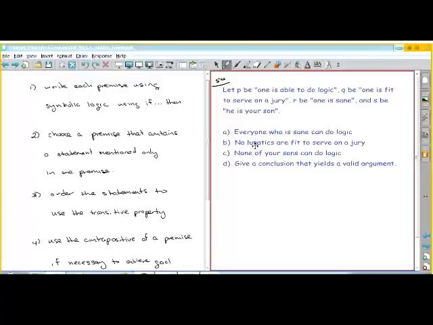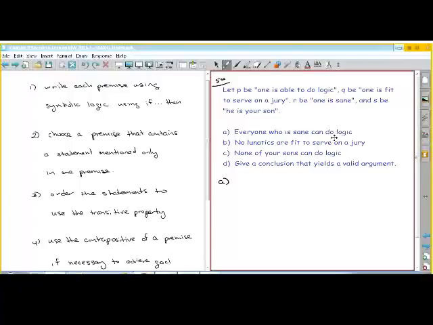What we have are 3 premises. So given these 3 premises, what is the conclusion using this procedure? So the first thing is write each premise using symbolic logic using if-then. Notice there's no if-thens in here, so we have to rewrite these statements as if-then statements. So the first thing is I'm going to rewrite these as if-then statements.